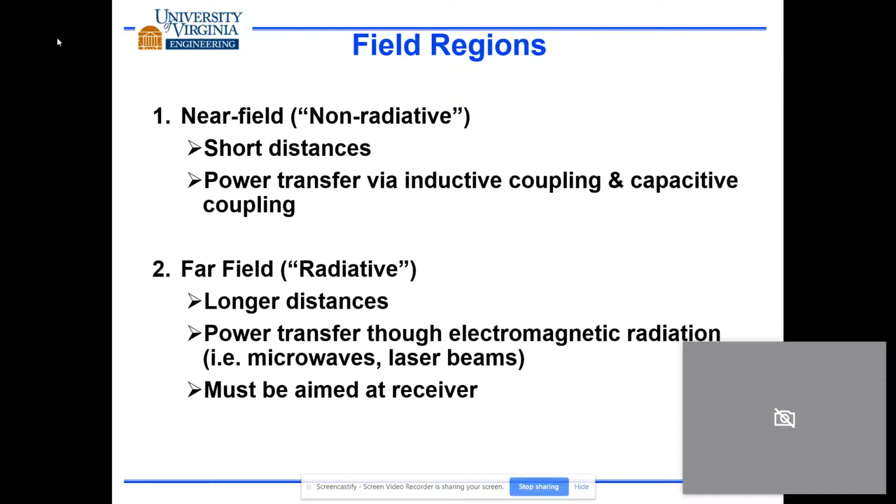The main ways in which power can be transferred are through capacitive and inductive coupling. Far field is a radiative technique due to it dissipating more energy, and the coverage in this area is much greater compared to its counterpart. The way to transfer energy is through microwave power and laser power.